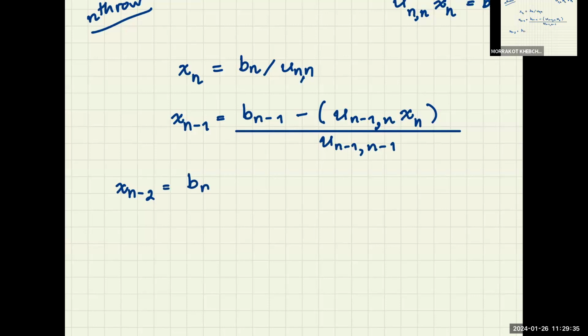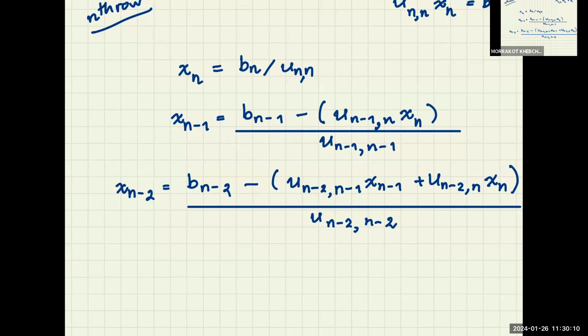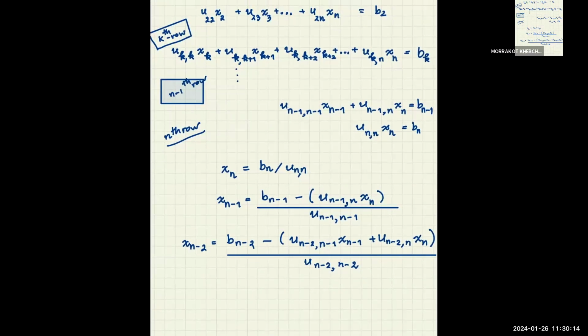It's going to be b n minus 2, subtract all the known values, divided by u n-2,n-2. Now I will focus on row K.